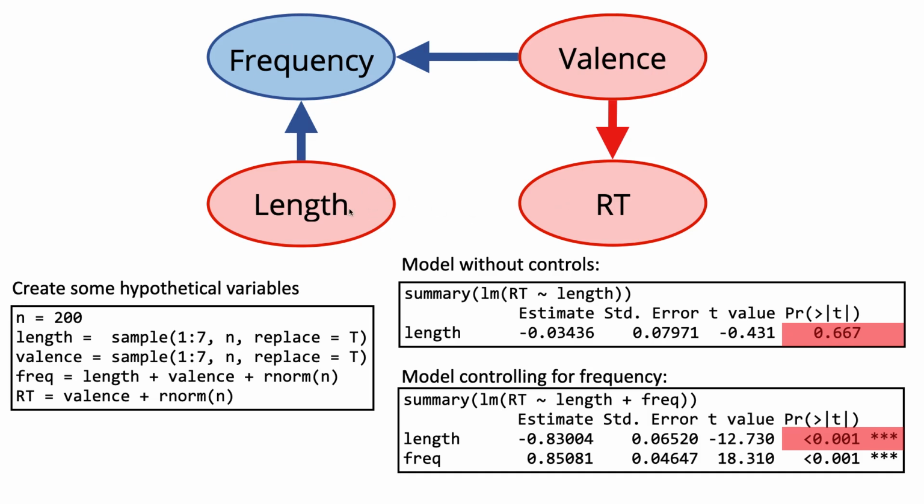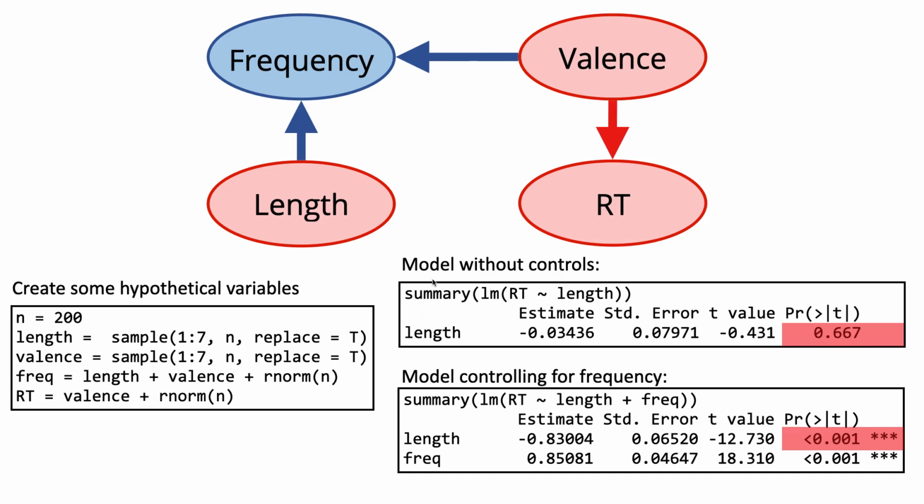So in this world, there's no causal or correlational link between length and reaction time. However, if we were to add frequency as a control variable, now suddenly frequency is a significant predictor, but also length is a significant predictor. We've created an artificial correlation between length and reaction time by controlling for a collider.